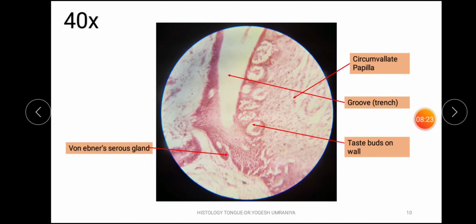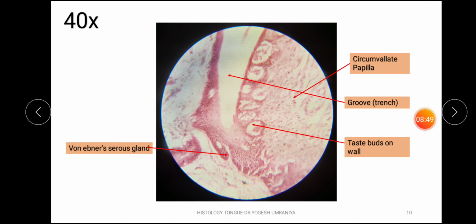Now at the base of the groove you will find the openings of the serous glands, the von Ebner serous glands here. Okay, at the base, and on the wall of this circumvallate papillae you can locate the pale staining areas. Okay, this is representing the taste buds on the wall.